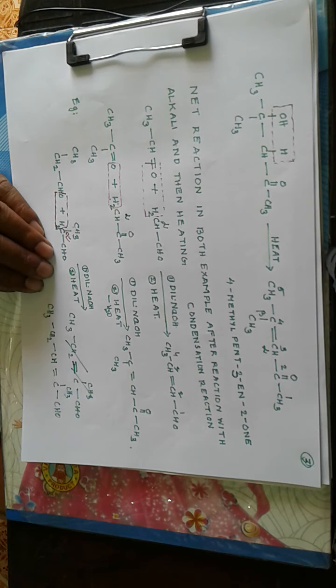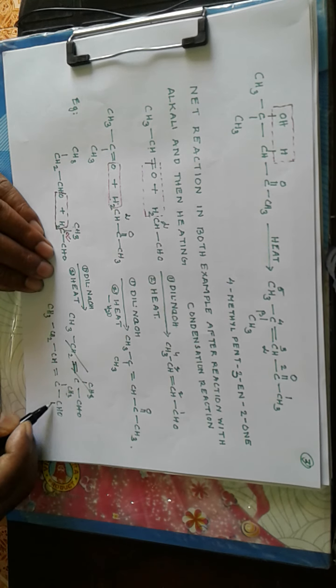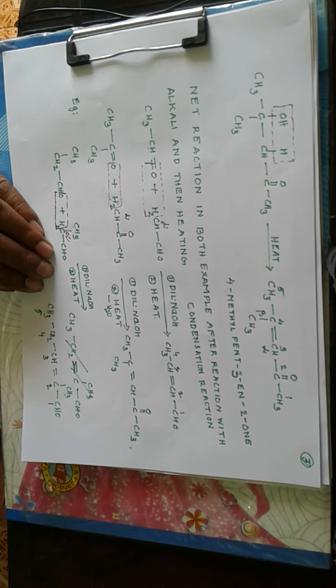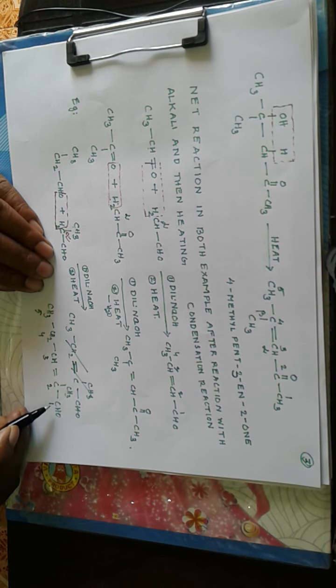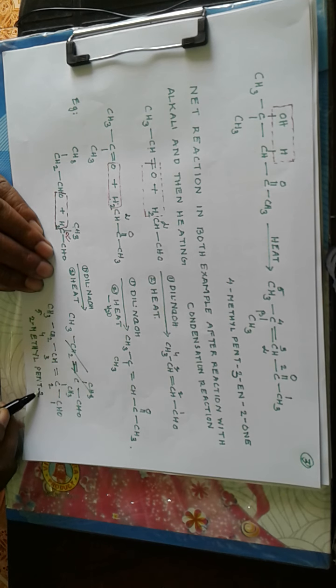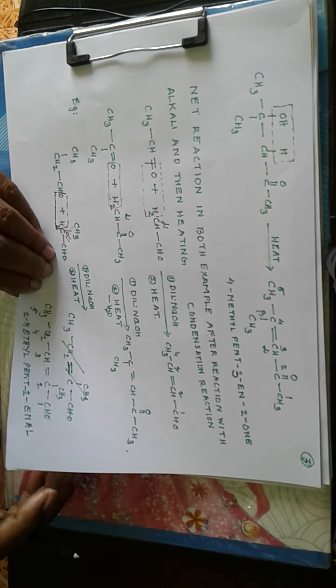So that is the product. If you number this as 1, 2, 3, 4, 5, it is 2-methylpent-2-enal. So it is the product.